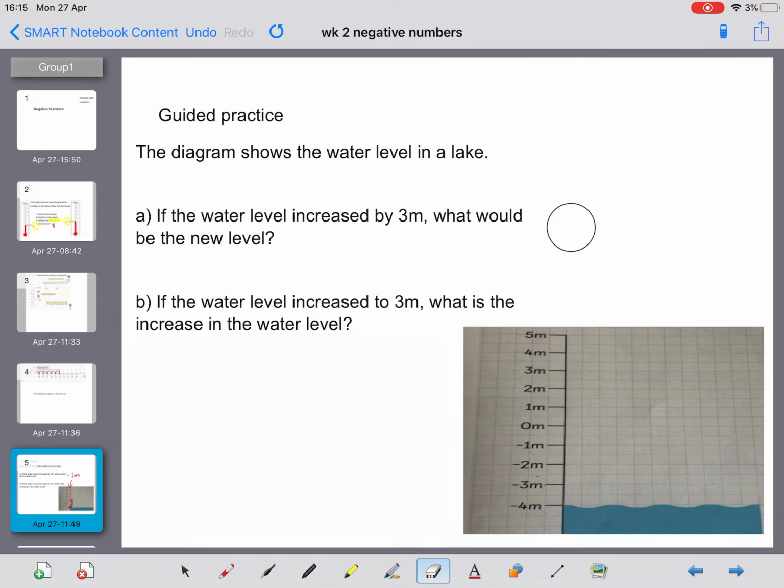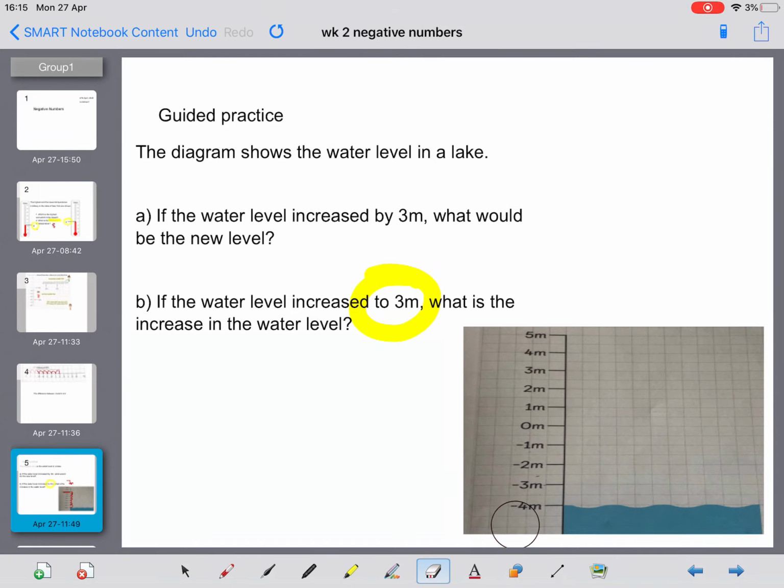Just go over that again if you're not sure. Now it's different, it says 3 metres. What is the increase in the water level? So we need to find where 3 metres is, that's there. And then we need to find the increase. So you either count, and that's 1, 2, 3, 4, 5, 6, 7. So the increase is 7 metres.